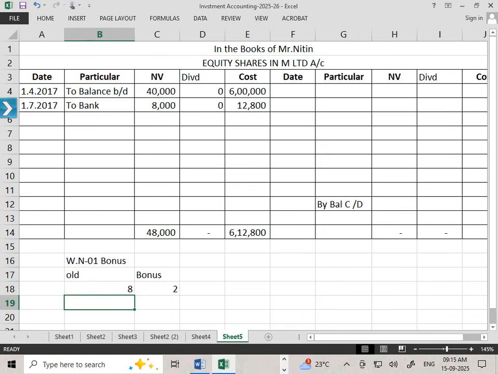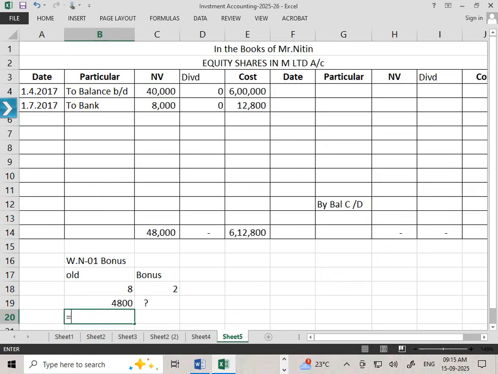Now how many shares are there in Nitin's hand? I am writing the books of Nitin. Here 4,000 plus 800, so total old shares are 4,800. How many bonus shares should Nitin get?